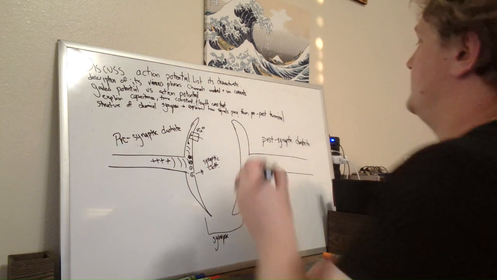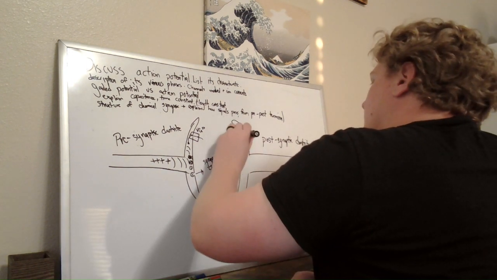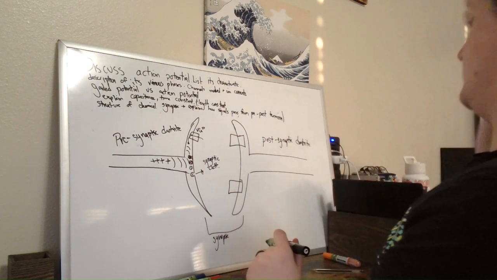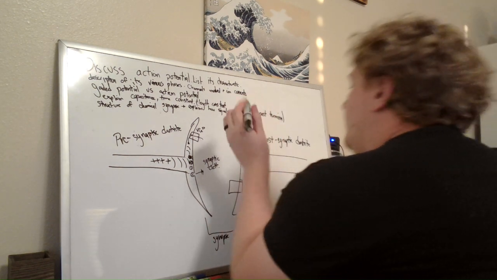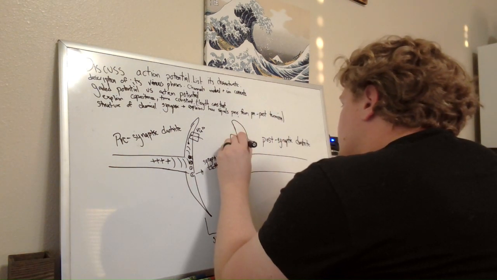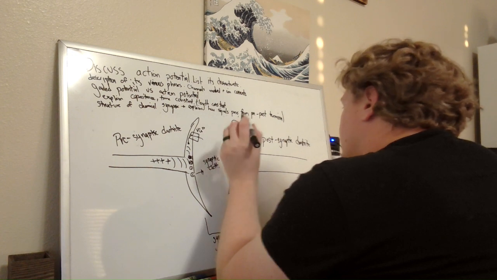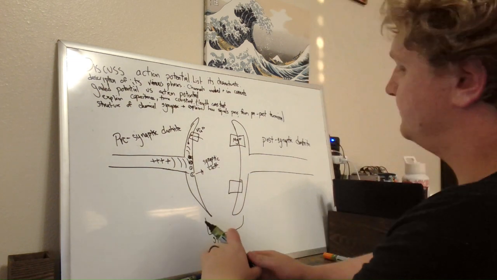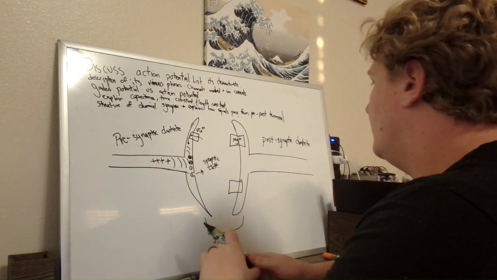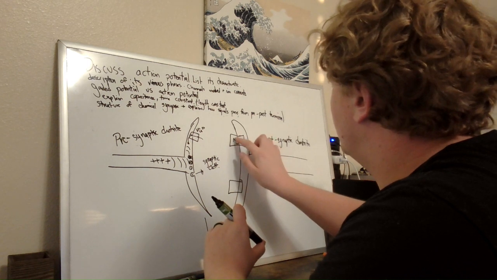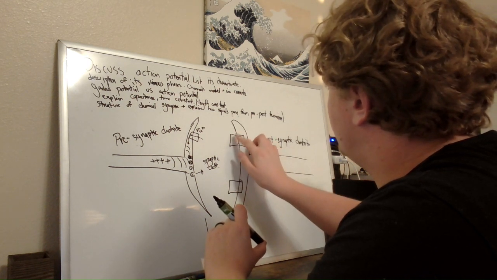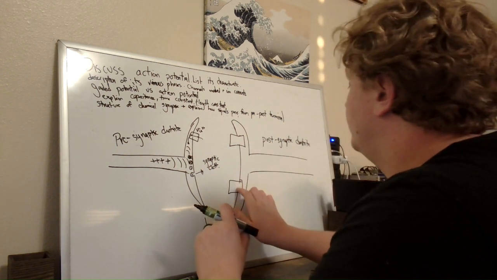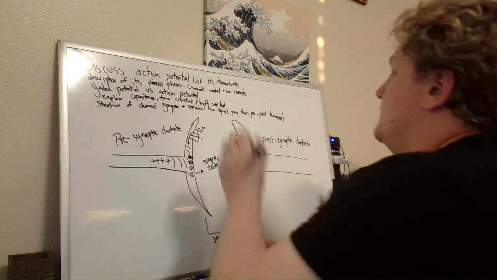So over on this opposite side of this neuron, or on this other neuron, that postsynaptic dendrite, we have different receptors. These receptors will react with these neurotransmitters.